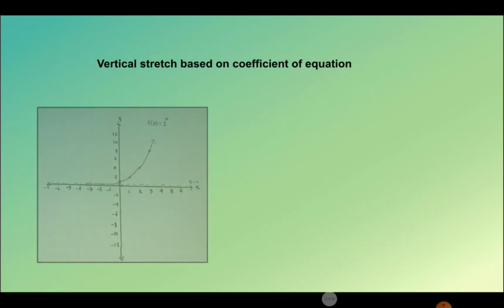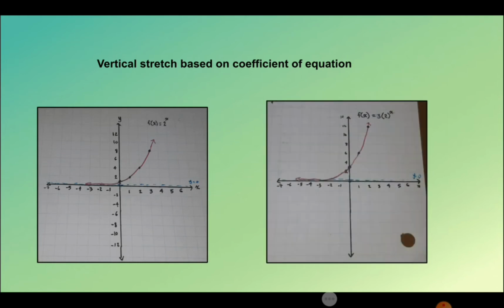Okay, and then if you have a vertical stretch, that is the coefficient that's at the beginning of the function or attached to the base function. And here you can see that the whole graph is stretched by a factor of 3.